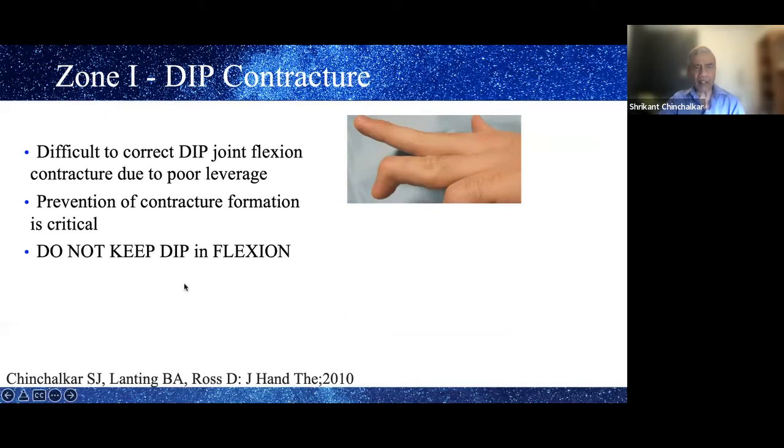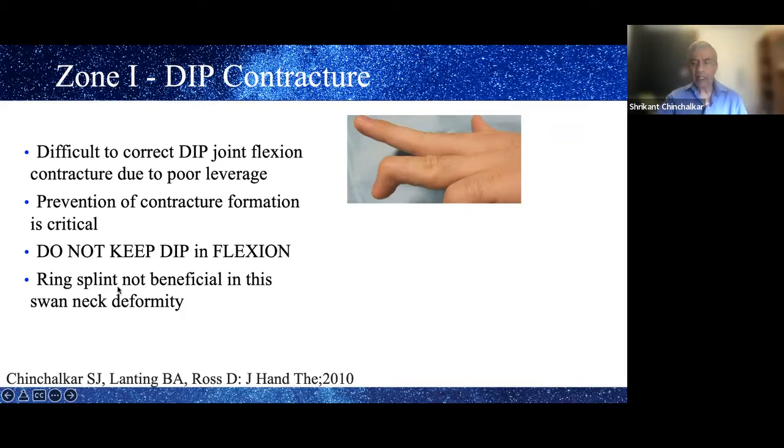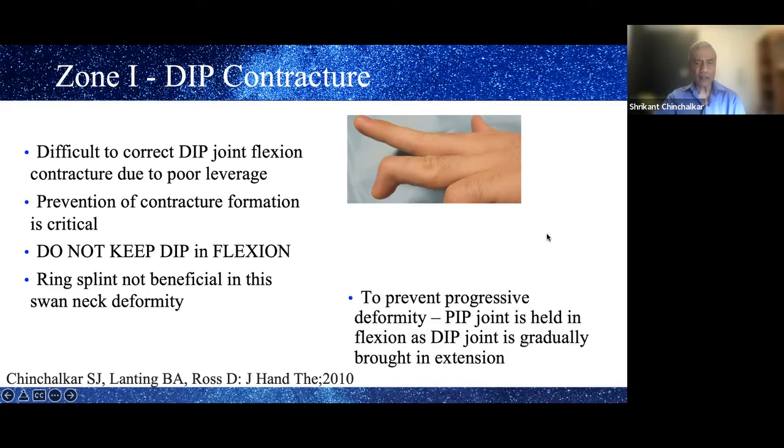My recommendation is never ever keep the DIP joint in flexion. And patients should be given a static corrective splint. However, many times patients are fitted with the silver ring splint for swan neck deformity, but in this situation, the ring splints are not beneficial because of the dynamic swan neck, which is a result of DIP joint flexion contracture.